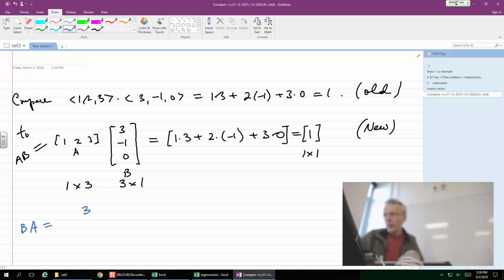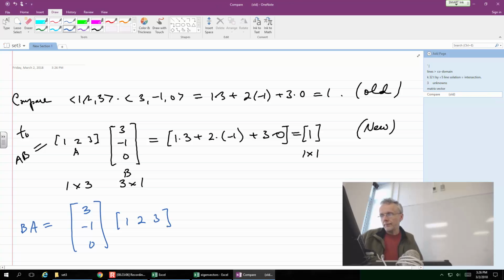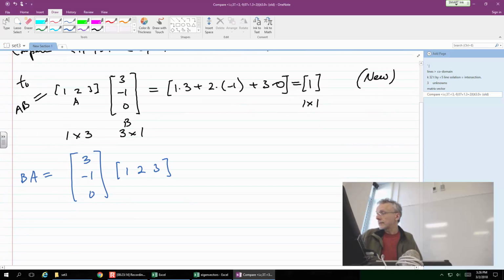So it will be 3, negative 1, 0. I will be multiplying it by 1, 2, 3. Any guess what we're going to get? Exactly. So it is tempting to say just 1 because it was 1 on the last occasion, but interchanging matrices changes the outcome.